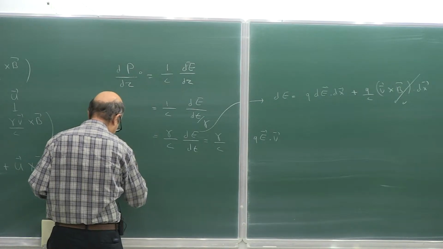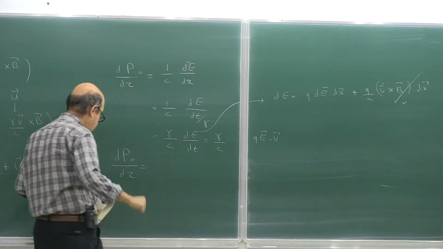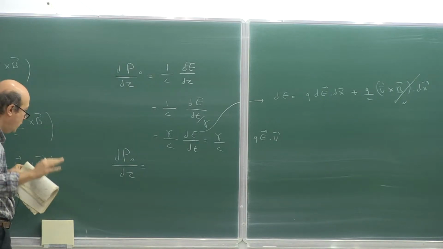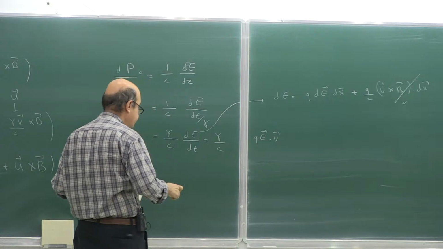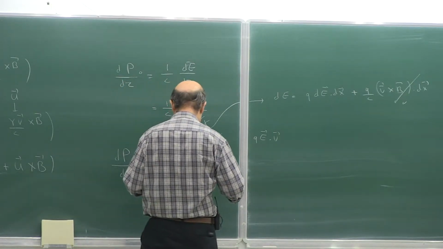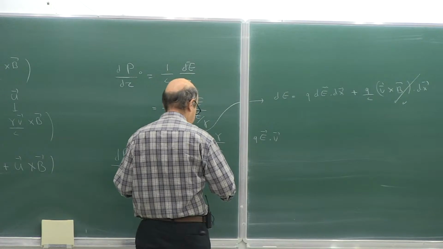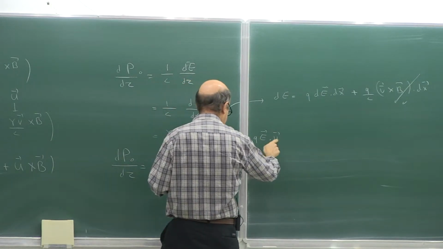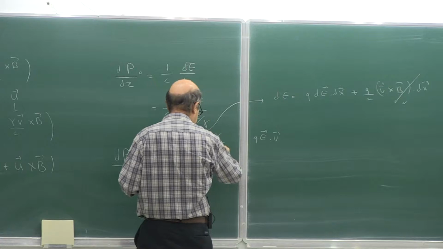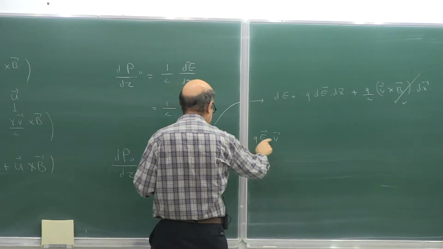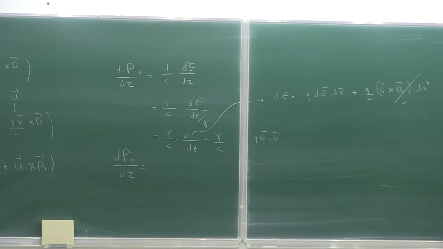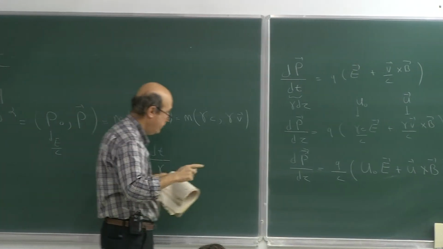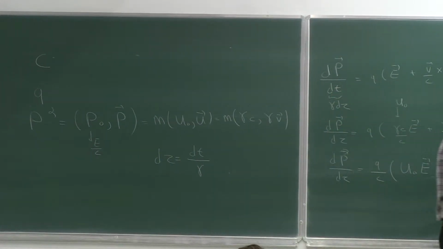And you can obtain dp0 over d tau, the time derivative of the time coordinate of the 4-momentum. What will it be? It will be QE dot V gamma over C, and I know that gamma times V is nothing but U, the space part of the 4-velocity taken with respect to the proper time.